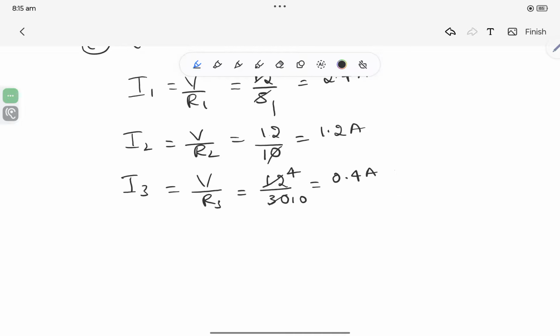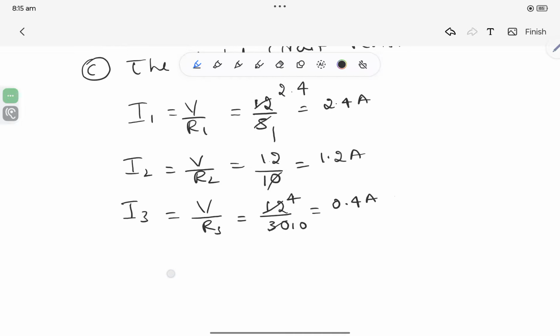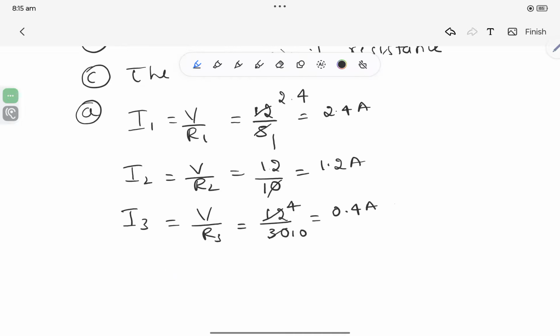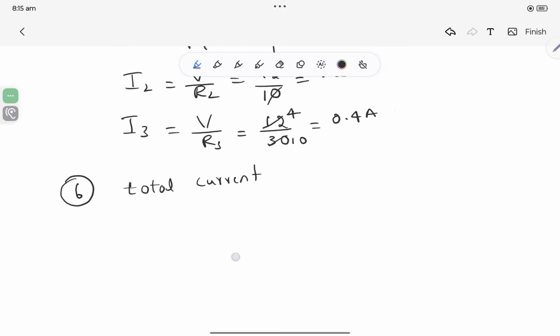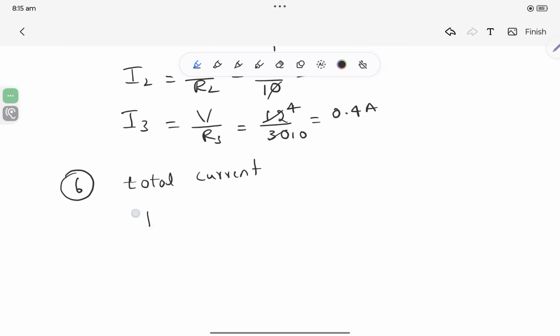Now the B part, what they are asking is the total current. How can you calculate the total current? I total is equal to I1 plus I2 plus I3.